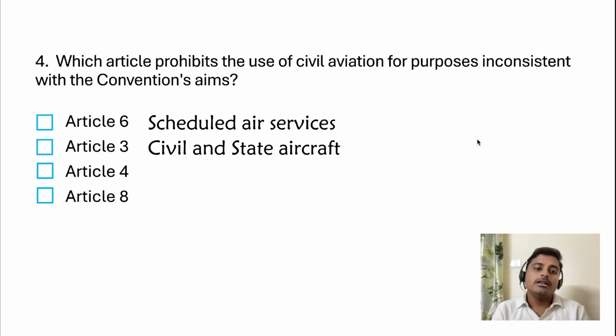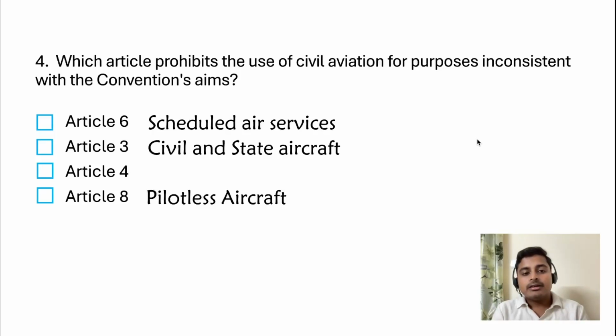Article 3 talks about civil and state aircrafts, as we know. And Article 8 talks about the pilotless aircraft. So pilotless aircraft needs to be flown with certain responsibilities. They should be carefully flown in areas where there could be civil aircrafts. So they have some limitations, which are discussed in Article 8.